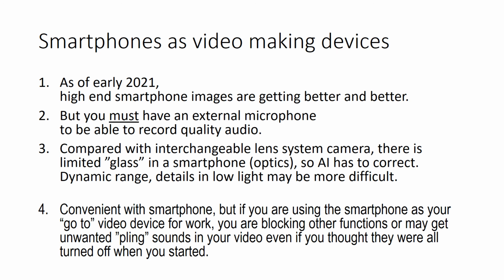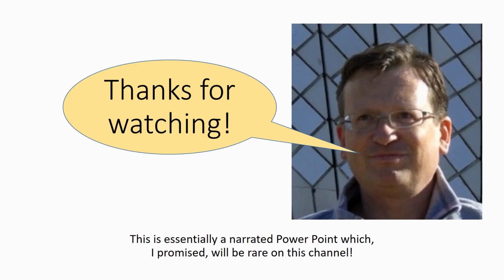If you've forgotten to turn off any sounds, they will start plinging and ringing and so forth, and it'll ruin your take. But it might also influence what is sometimes referred to as your workflow, and it might not be so good.